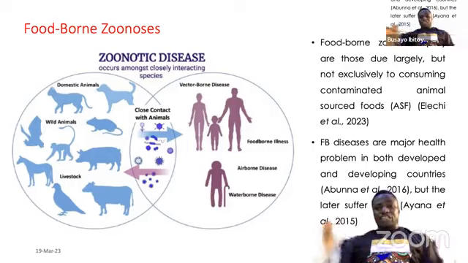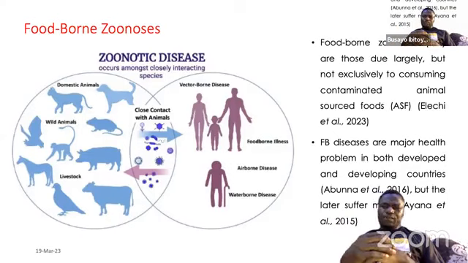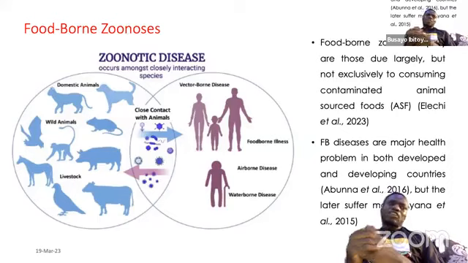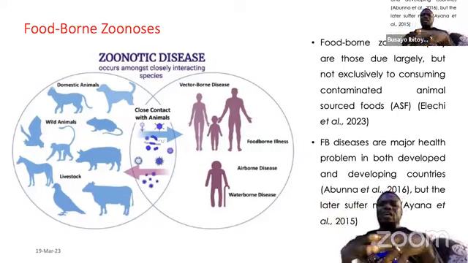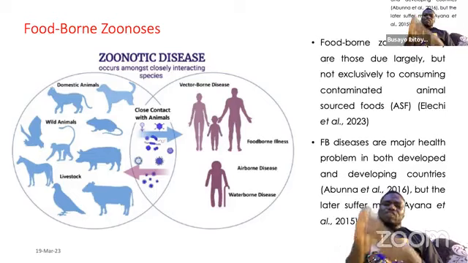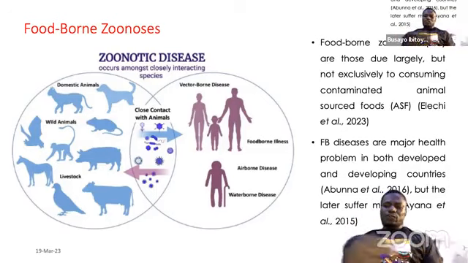For the sake of this webinar, we'll be looking more at foodborne zoonosis. Foodborne zoonoses are those that are mainly, but not exclusively, due to the consumption of contaminated animal source food.